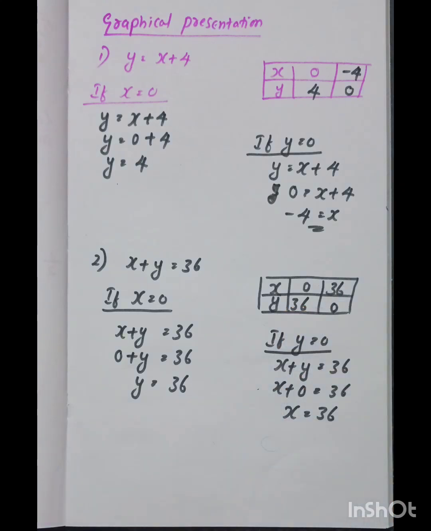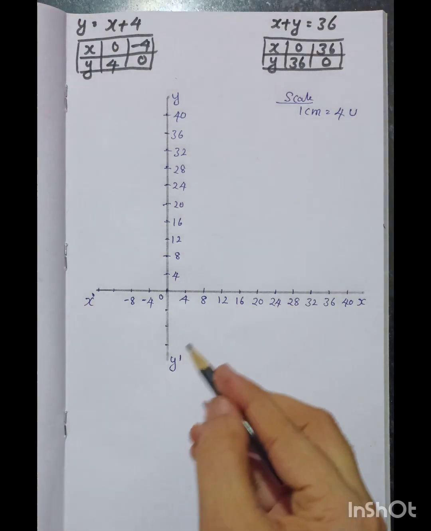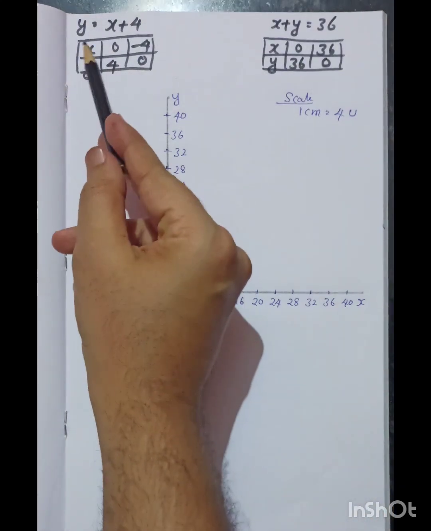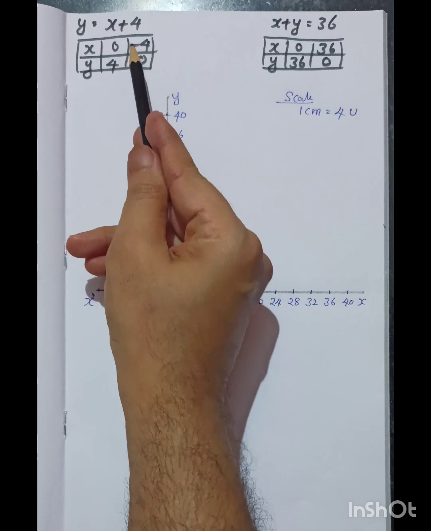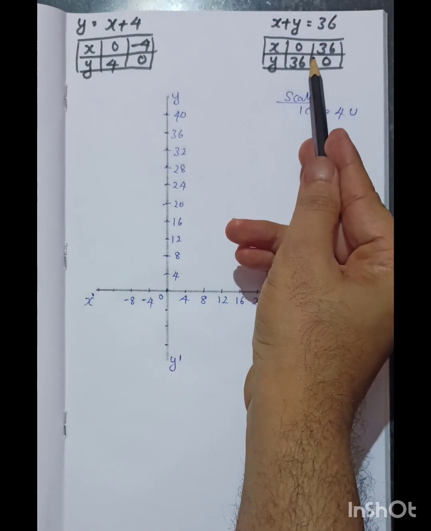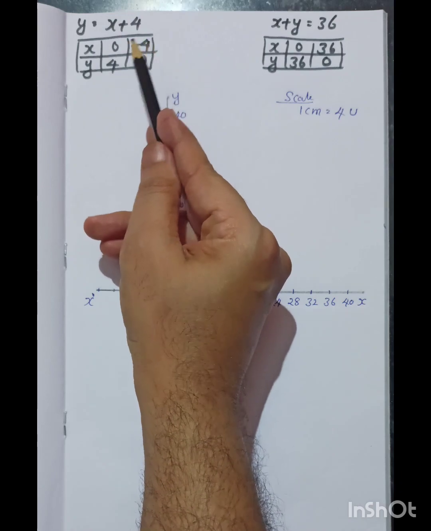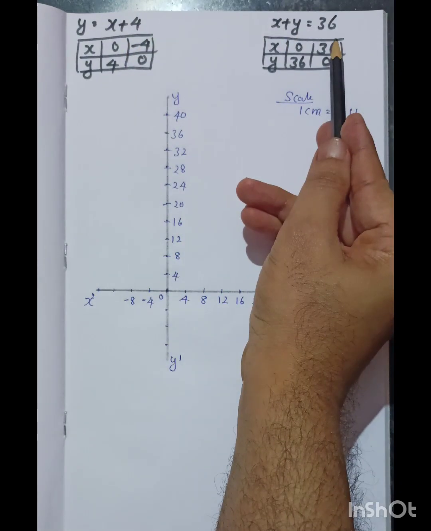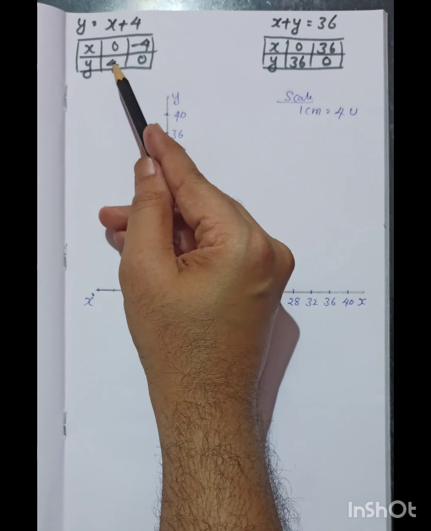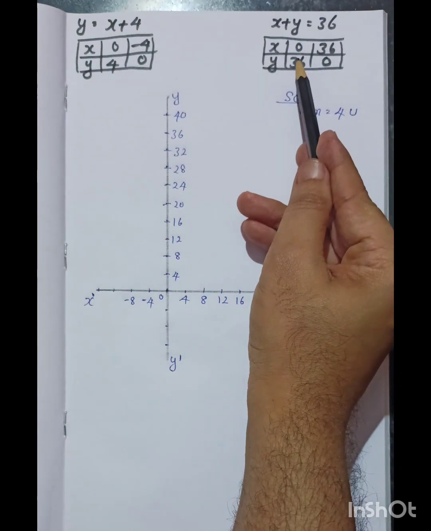Now let's show this in graph. I just wrote equation 1 and its table, equation 2 and its table. Here the x value is minus 4 and here the x value is 36, and the y value here is 4 and the maximum value is 36.